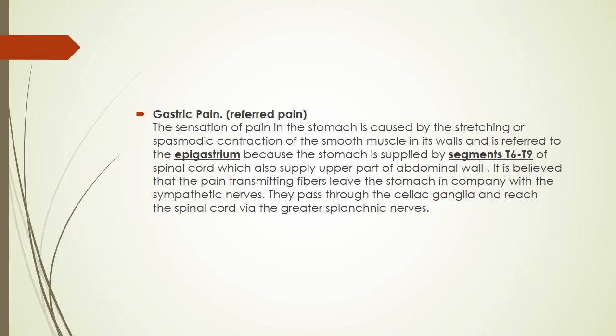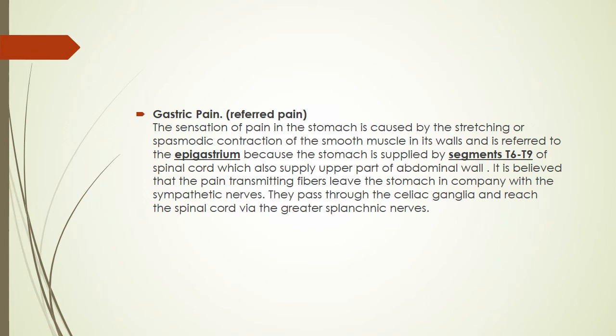The sensation of pain in the stomach is caused by stretching or spasmodic contraction of smooth muscle in its wall, and it is referred to the epigastrium. Why? Because the stomach is supplied by segments T6 to T9 of the spinal cord. We have just seen this in the nerve supply of the stomach. So these segments also supply the anterior abdominal wall in the epigastric region.